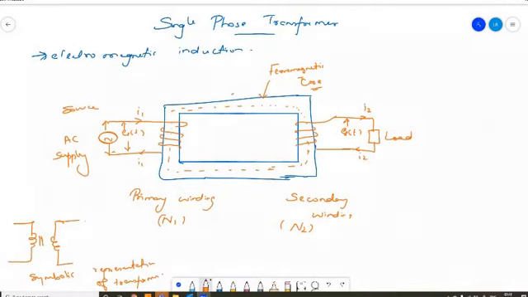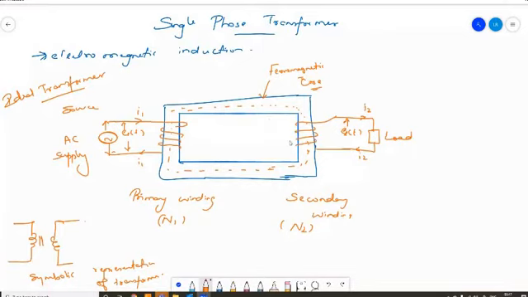So in an ideal transformer, we are expecting that there is no loss happening in this core, and no loss happening in this coil. So whatever flux is produced here is also linked with the secondary, so that there is no loss.